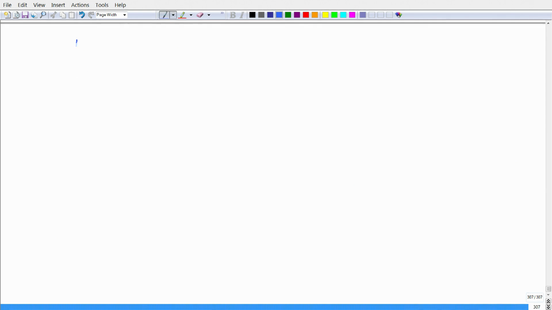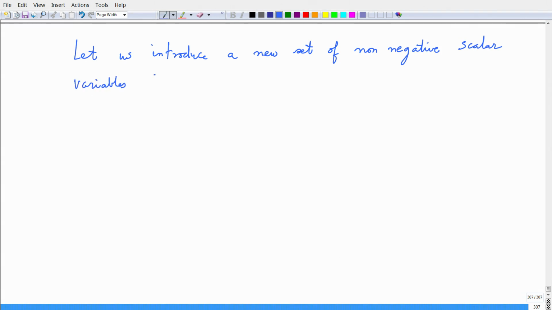So, let us introduce a new set of non-negative scalar variables, and I call them zeta i, i equals 1 to n, into my definition of the hyperplane.